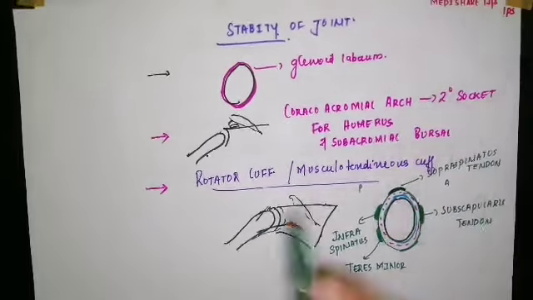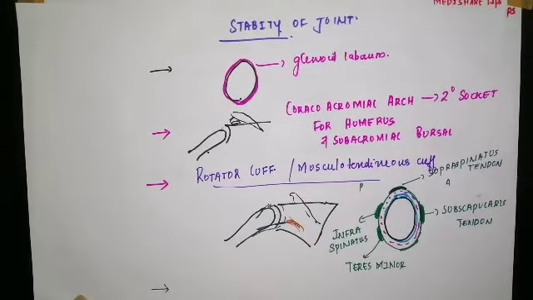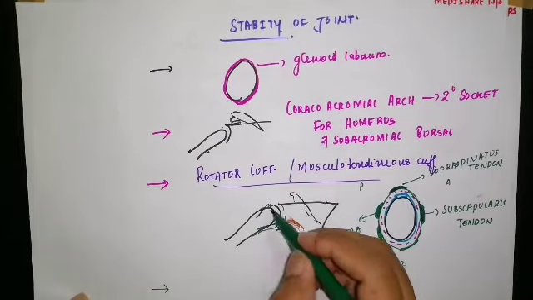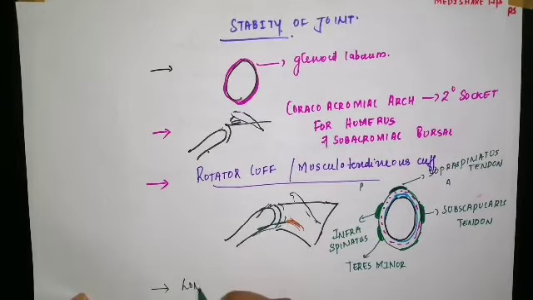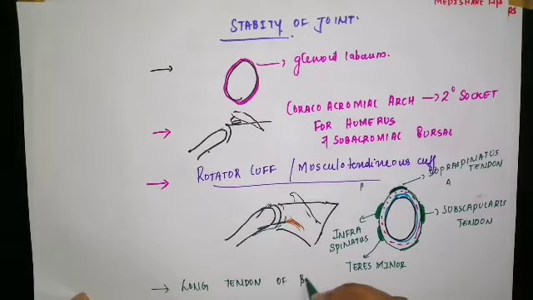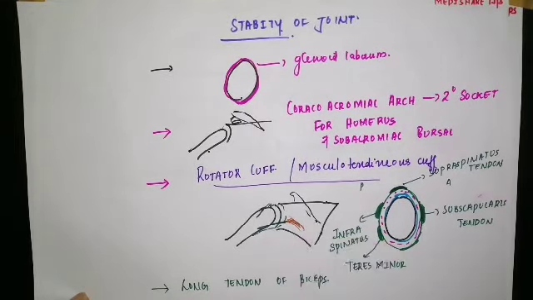There is another factor which also confers stability: the long tendon of the biceps, which passes intracapsularly through the shoulder joint. It passes over the superior aspect of the head of the humerus and prevents upward displacement of the humerus.